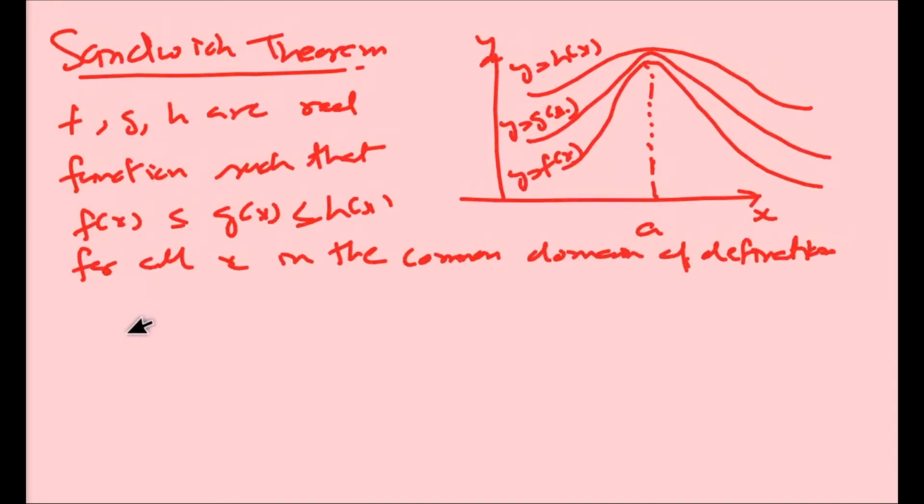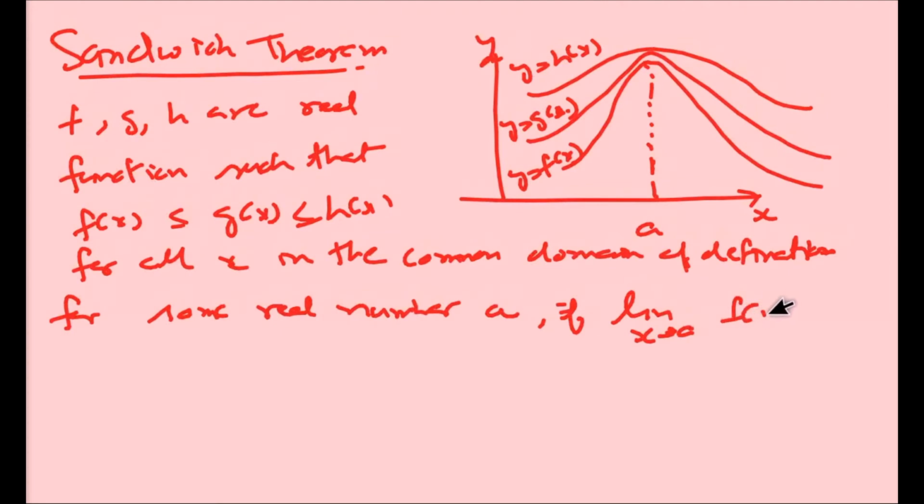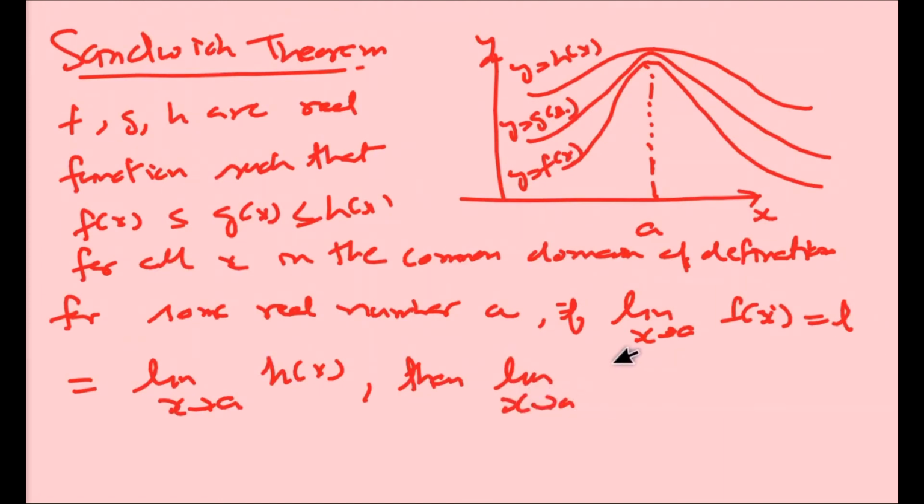For some real number a, if limit x tends towards a f(x) equals L, which is equal to limit x tends towards a h(x), then limit x tends towards a g(x) is also equal to L. Sandwich means in between two values.